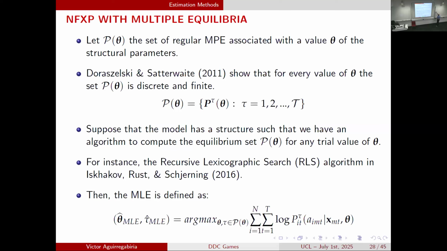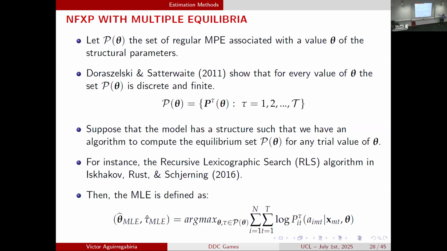Then we have estimated theta 0, and this is P0 in the data. In principle, the model can have multiple equilibria, and we didn't know, that's why in the maximum likelihood estimation we need to try the different possible equilibria.